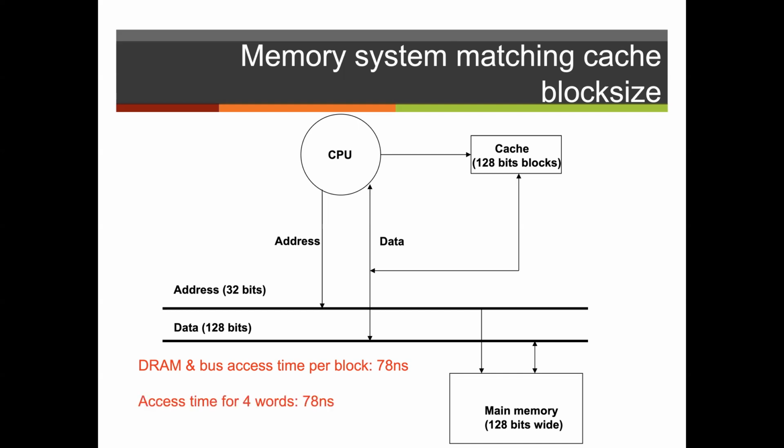And for accessing 4 words, we'll have a time of 78 nanoseconds. So this allows us to accomplish things faster, but the downside is that we'll have 128-bit buses.